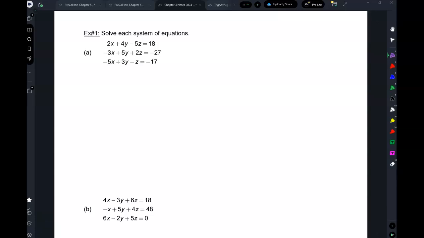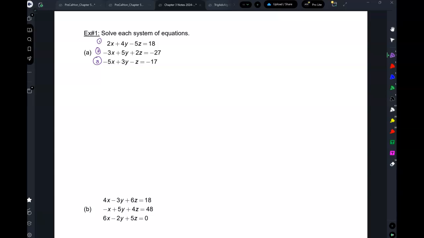All right. So take a look at this one. I have x, y, and z. So what I'm going to do is first try to get rid of one of the variables. The first thing I do is I want to label my equations 1, 2, and 3, because I want to be able to show my work and keep track of what I'm doing.